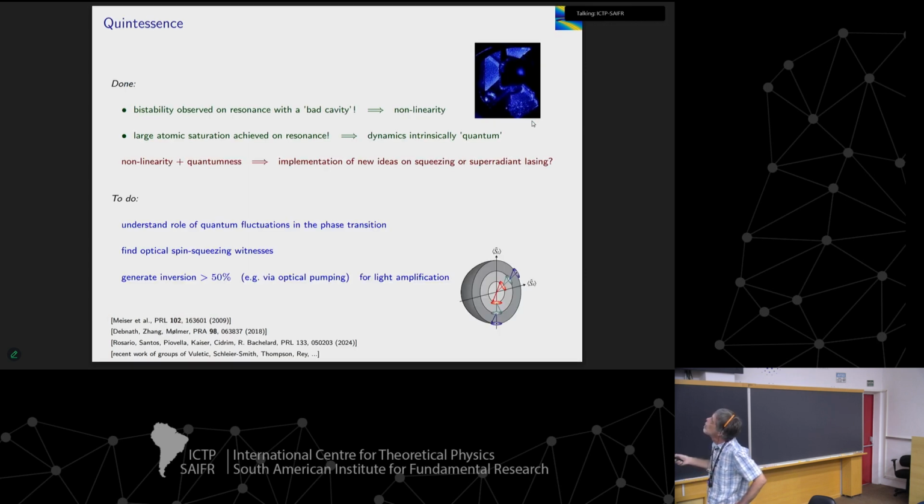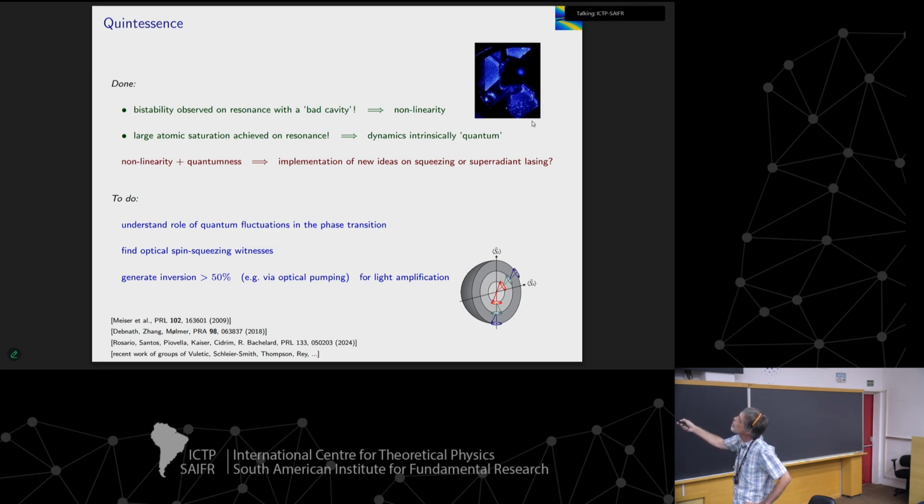So what we have done already, we observed the bistability in a bad cavity, which is a proof for the nonlinearity. The fact that we have large atomic saturation achieved on resonance means that the dynamic is intrinsically quantum, because saturation is an intrinsic quantum effect. No? You cannot saturate classical systems.